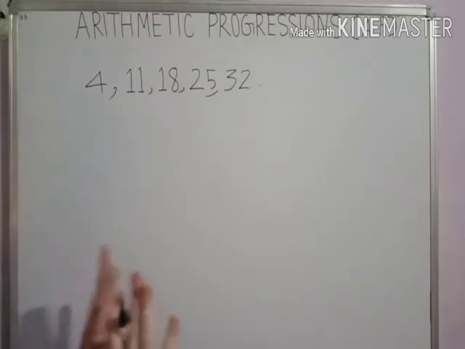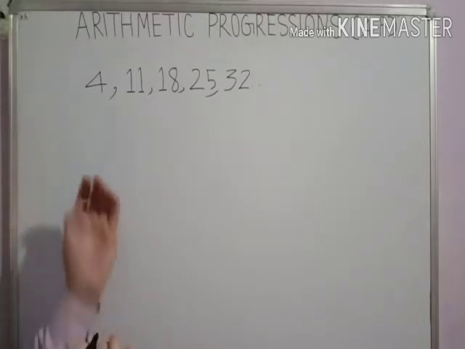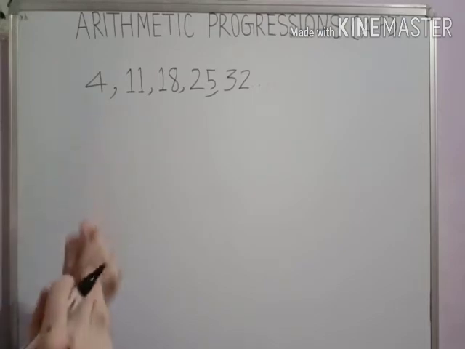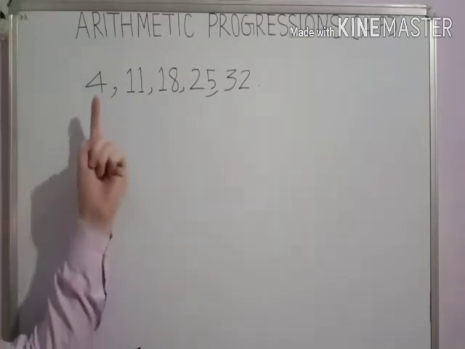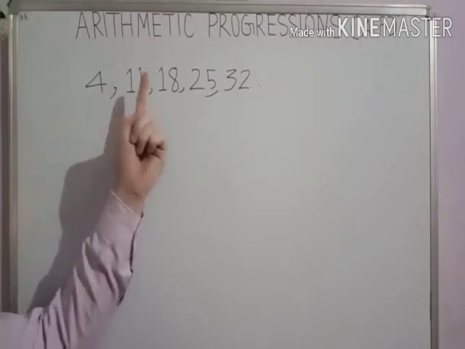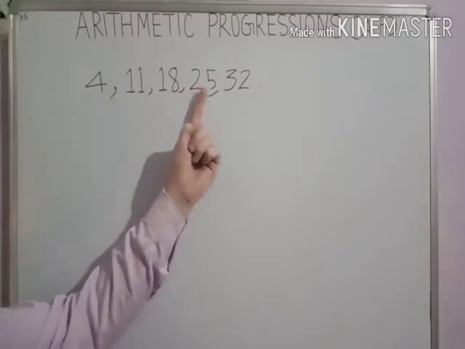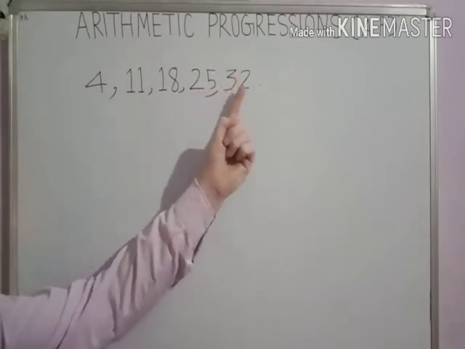I have taken this one AP. As per the rule, the first term is given and we get successive terms by adding the common term. You see 4 plus 7 is 11, 11 plus 7 is 18, 18 plus 7 is 25, 25 plus 7 is 32.